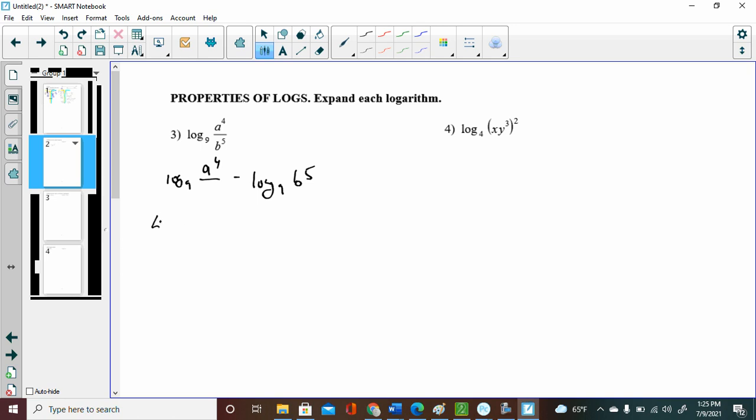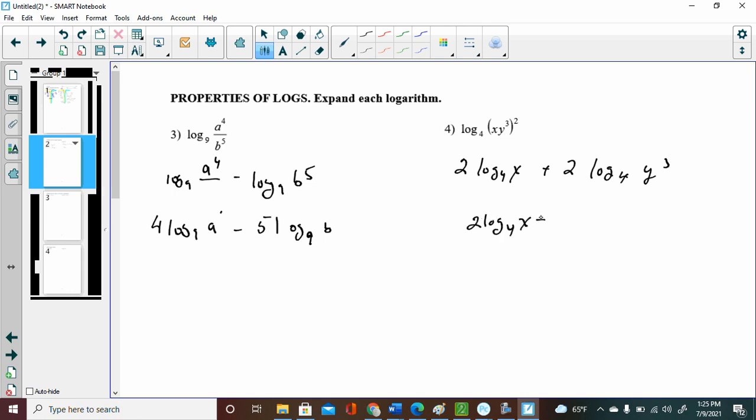And you could expand even further: 4 log base 9 a minus 5 log base 9 b. Pretty straightforward there. Here I have 2 log base 4 x plus 2 log base 4 y cubed, or 2 log base 4 x plus 6 log base 4 y.